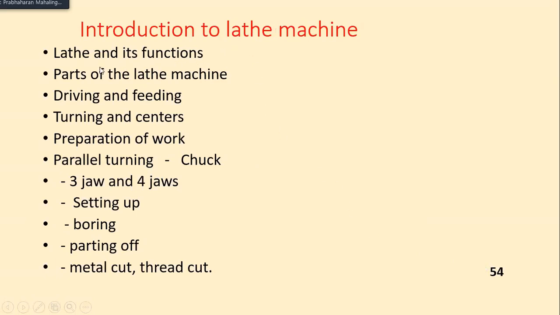Introduction to the lathe machine. Lathe and its functions, parts of the lathe machine, driving and feeding, turning and centers, preparation of work, parallel turning, chuck, 3-jaw and 4-jaw, setting up, boring, parting off, metal cut, thread cut.